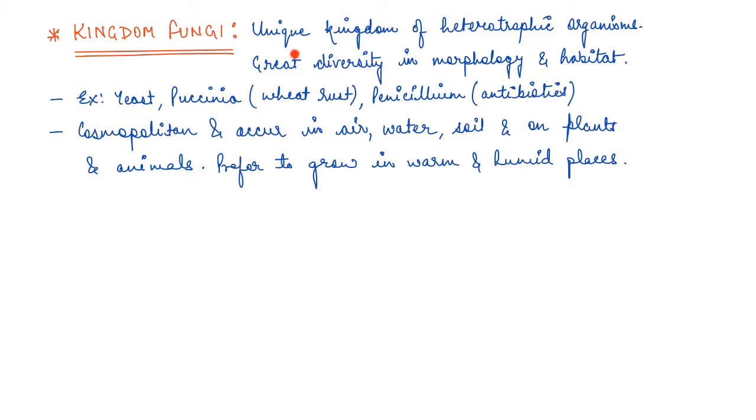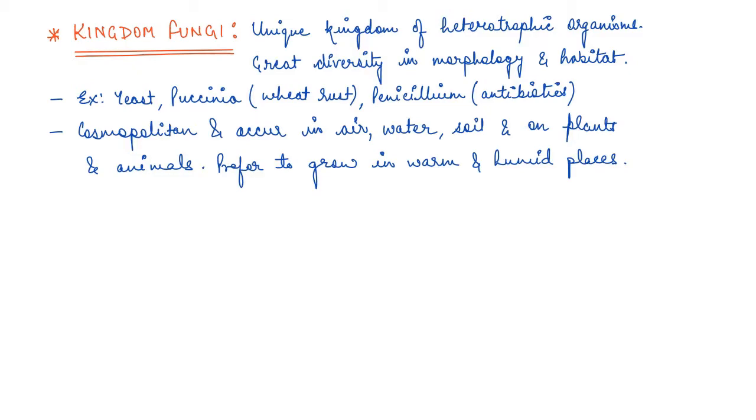Now there is a great diversity in morphology and habitat. Okay, and we can take some examples. There is yeast, there is penicillium, there is Fusarium, right? There are mushrooms. You would have seen that sometimes if your bread is kept for a long time, a bluish greenish mold develops, and we say that the bread is spoiled and rotten.